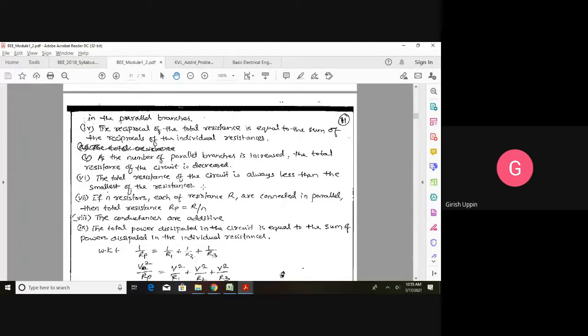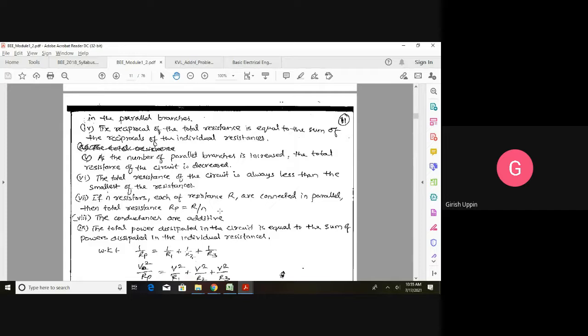Suppose you have 5 ohm, 10 ohm and 2 ohm connected in parallel. Without doing any calculation, you can tell the equivalent resistance should be less than 2 ohm. Why less than 2 ohm? The equivalent resistance would be lesser than the smallest of the resistances.